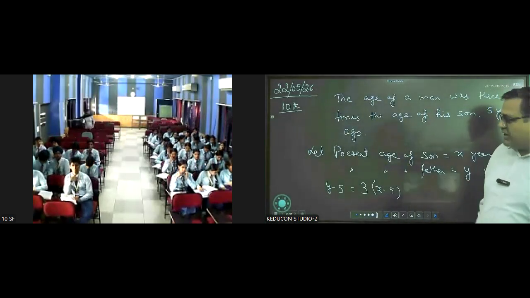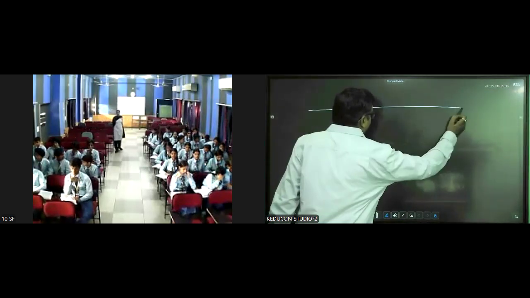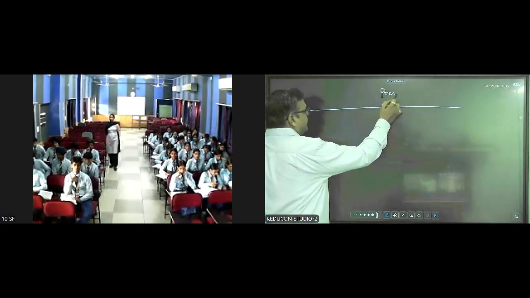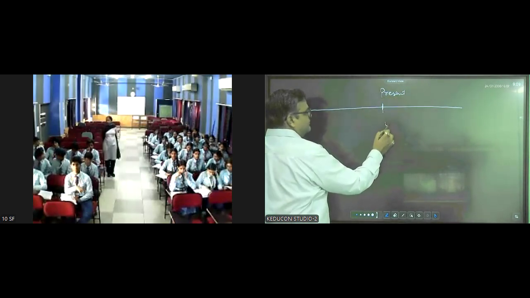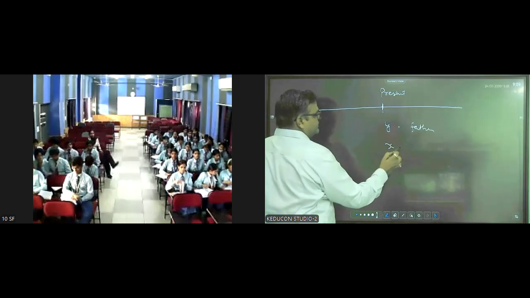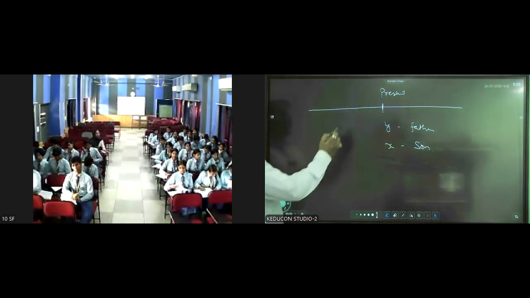You can use the number line for this also. How can you use the number line? Let's say this 0 point is present. Present age of father is Y and present age of son is X. What will be the age 5 years ago?